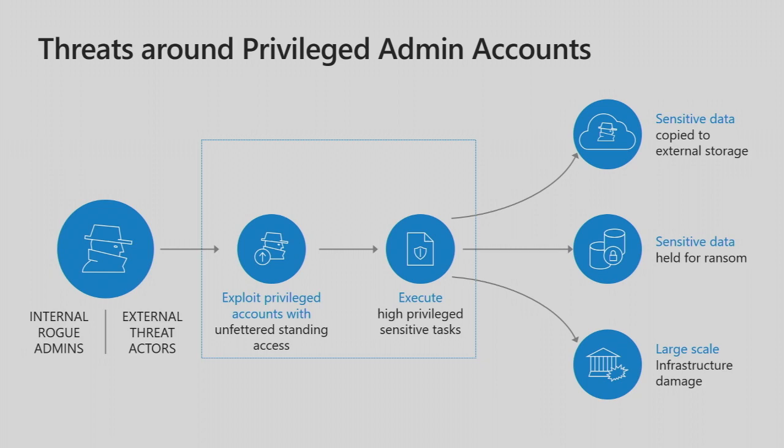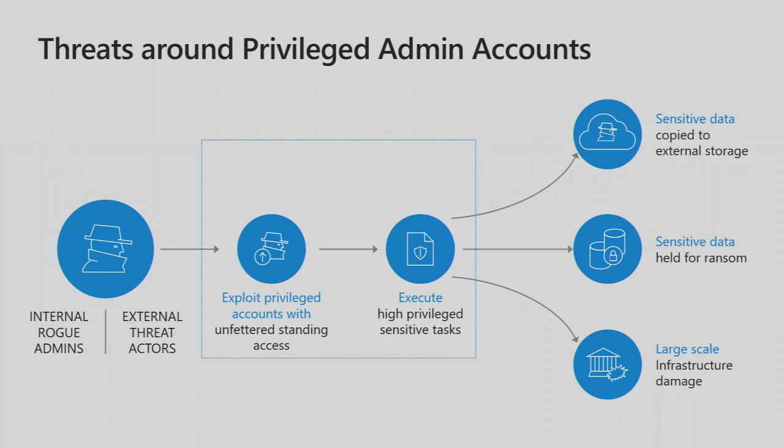So basically, they can misuse it to compromise your systems, to exfiltrate data, to spread large-scale infrastructure damage. And before you can start controlling it, the damage will already be done. One of the stats that I have from 2017 is that around 70 to 80% of attacks that happened over the past year started off from a compromised privileged admin account.